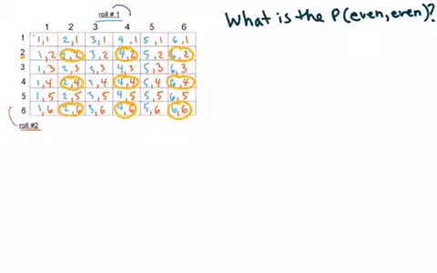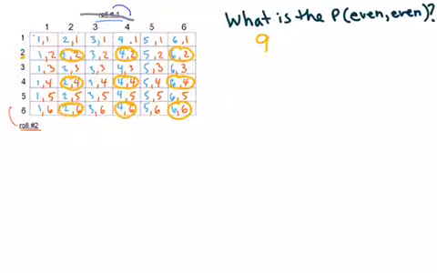Okay, now, so when we look at that, how many of those fall under this probability of even? How many do we have? 1, 2, 3, 4, 5, 6, 7, 8, 9. We have 9 of them. But out of how many? Okay, that's when we have to count the whole thing.